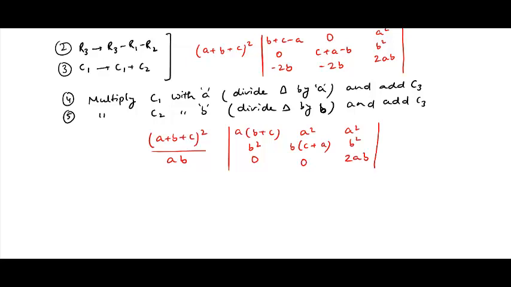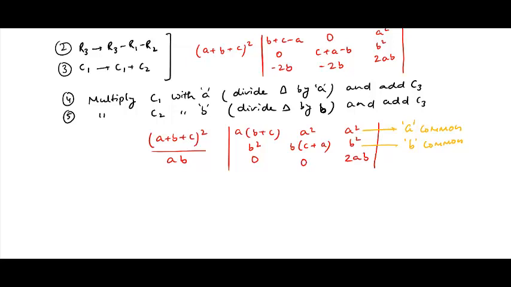If you haven't arrived at this step, then again pause the video and first arrive at this step. And again, do not rush for the expansion. Now, from this particular determinant, from the first row, take A common, and from the second row, take B common. All right. Take A common from the first row and take B common from the second row.